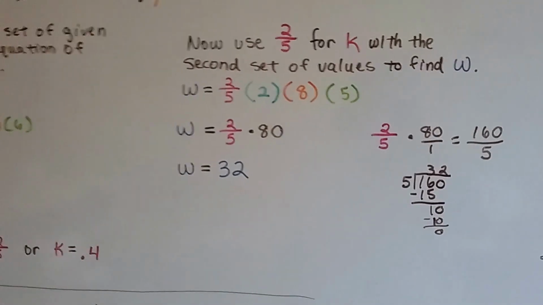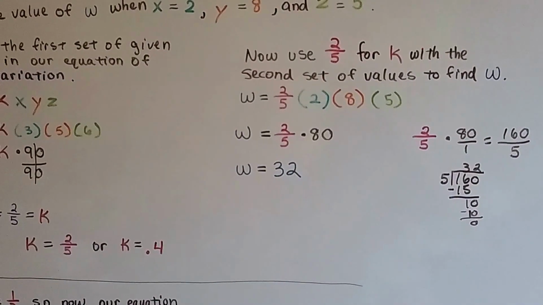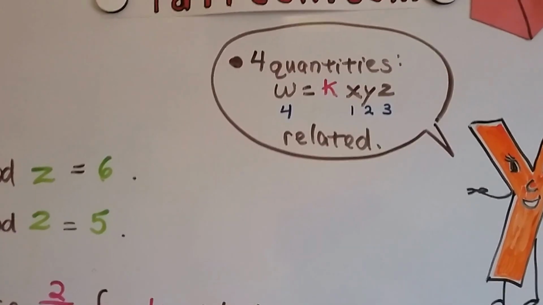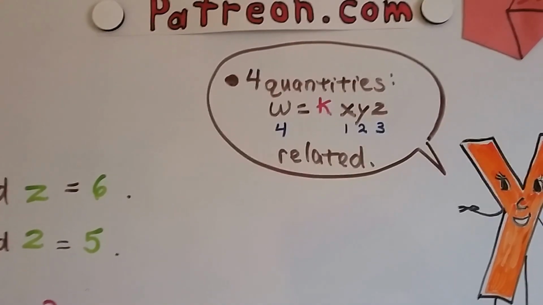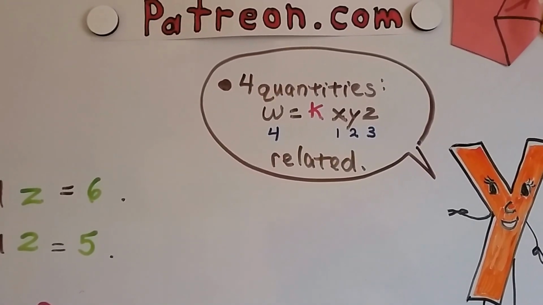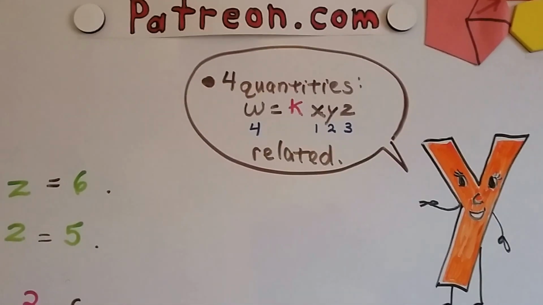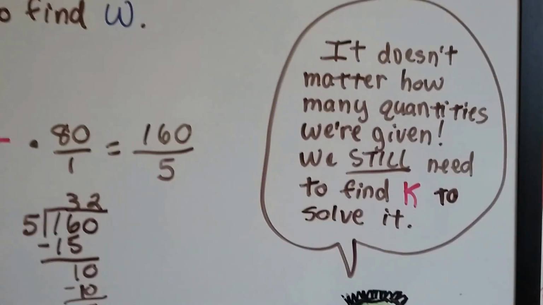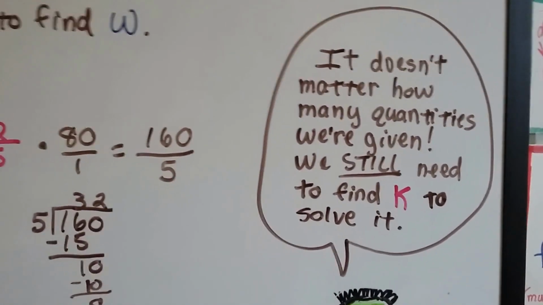So we know that W is now equal to 32 for this second set of values. All right? So we had 4 quantities. We had W, and we had x, y, and z, and our constant k. And those 4 quantities were related. And it doesn't matter how many quantities we're given, we still need to find k to solve it.